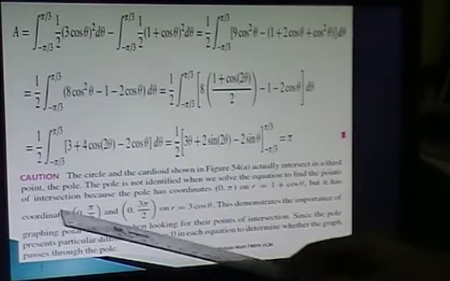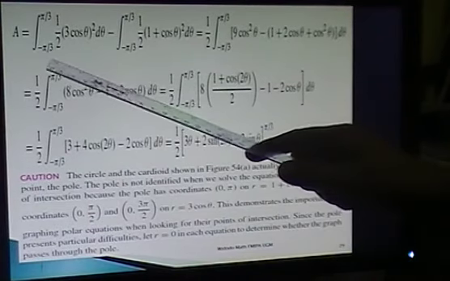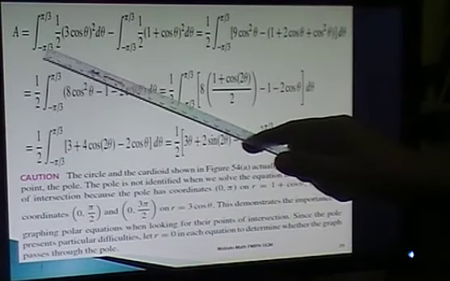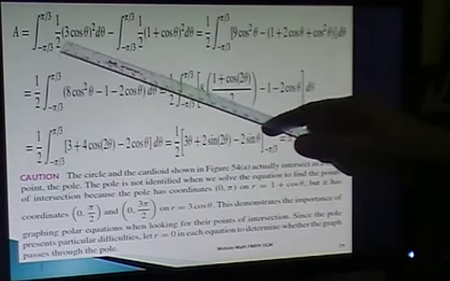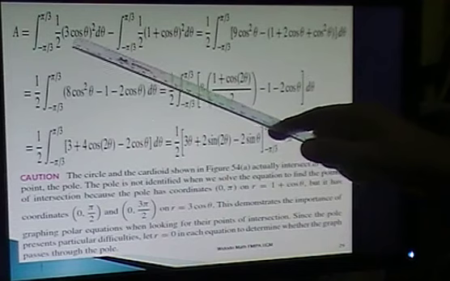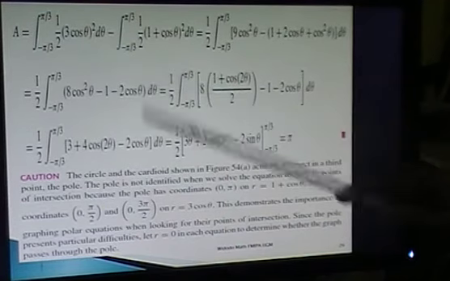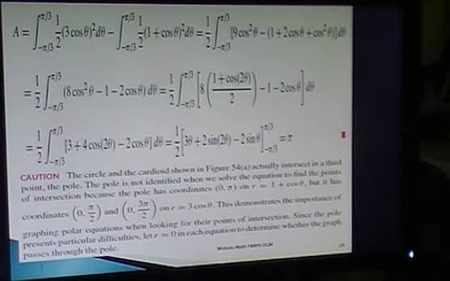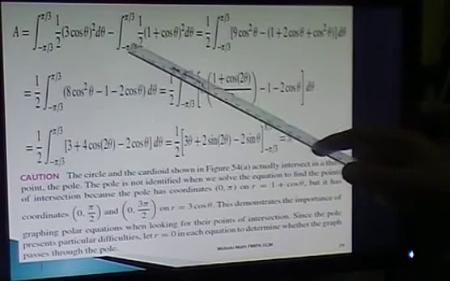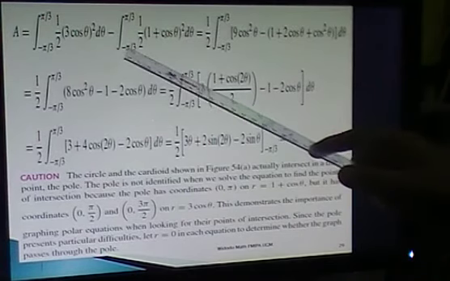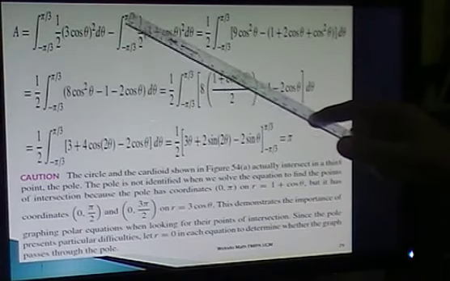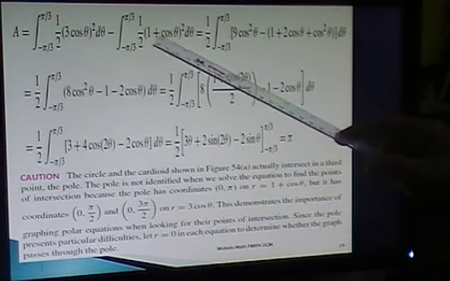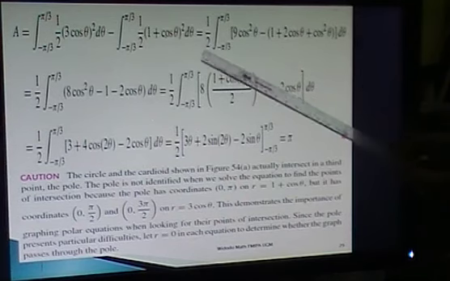So the area is equal to the integral between minus pi divided by 3 and pi divided by 3 of 1/2 times (3 cos theta) squared d theta minus the cardioid, the integral from minus pi divided by 3 until pi divided by 3 of 1/2 times (1 plus cos theta) squared d theta.